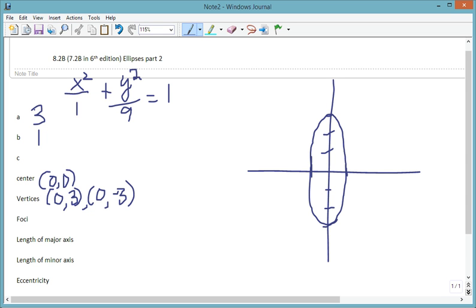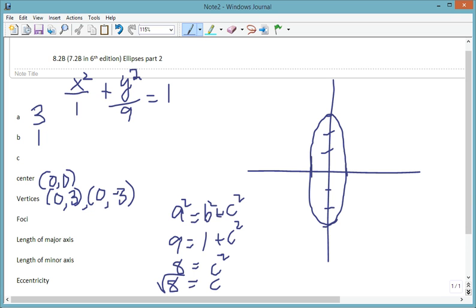Okay, so c. It still has the same relationship of a squared equals b squared plus c squared, right? And a squared is 9, b squared is 1. So c squared is equal to 8. And c is equal to the square root of 8, which I could simplify by taking out the square root of 4, so it would be 2 square root of 2.